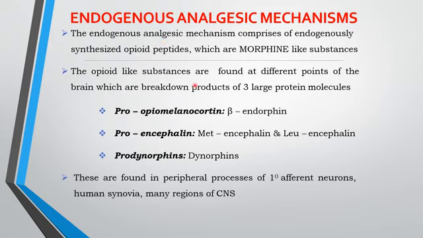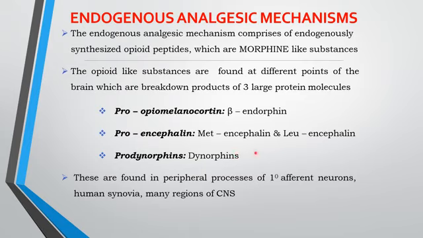These are found at three different points of the brain, and are broken down products of three large protein molecules. The large protein molecules are pro-opiomelanocortin, which gives beta endorphin, pro-enkephalin, which gives met and leu enkephalins, and pro-dynorphin, which gives the dynorphins.